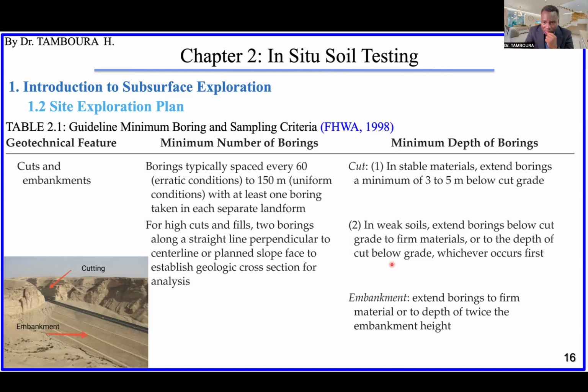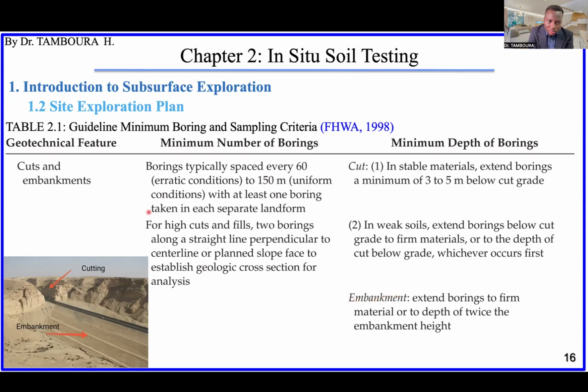Okay. Or the depth of cut below grade, whichever occurs first. So you have two conditions here. Extend borings below cut to the firm material, or the depth of cut below grade, like here.